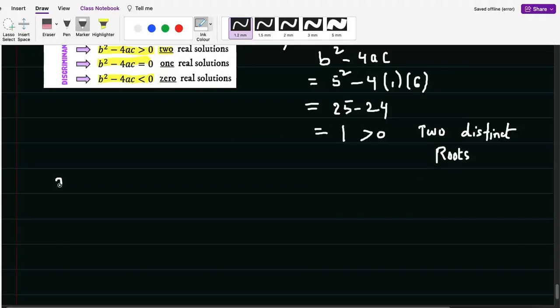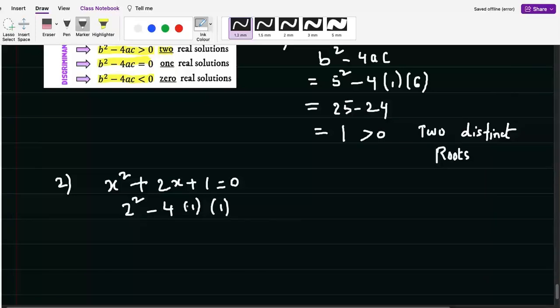If the quadratic equation is x square plus 2x plus 1 equal to 0, if you are doing the discriminant, that is b square minus 4ac, then b square is 2 square, minus 4, a is 1, c is also 1.